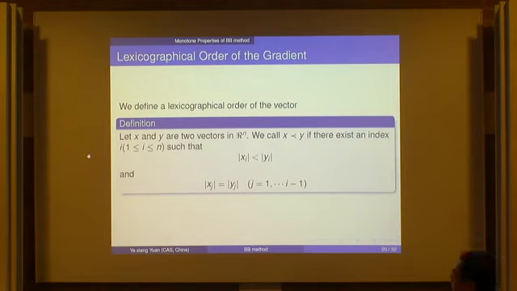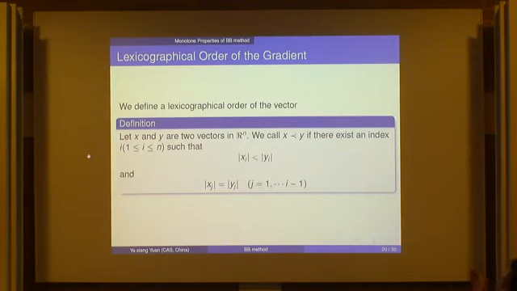One result we proved is that monotonicity is based on the alphabetical order of the gradient components. Look at the gradient function, which has components G1, G2, and G3, up to the n-th component of the gradient.